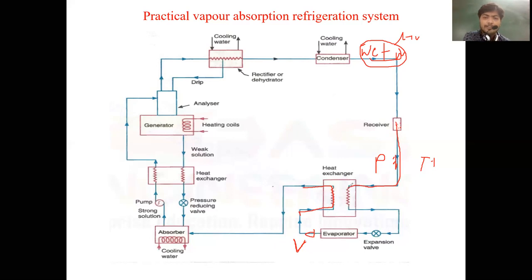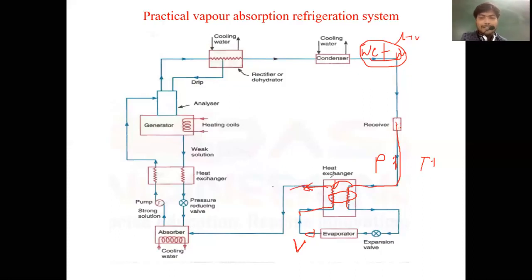Both exchange heat with each other. The heat is transferred from the liquid refrigerant to the vapor refrigerant. That is why the vapor becomes superheated, and that is why it is then used in the absorber.